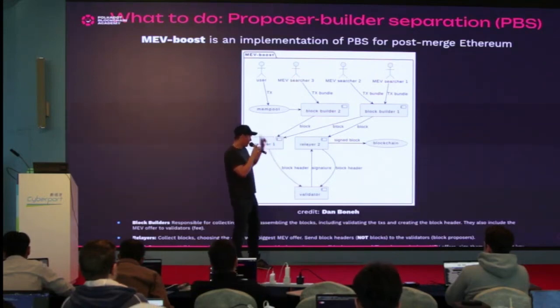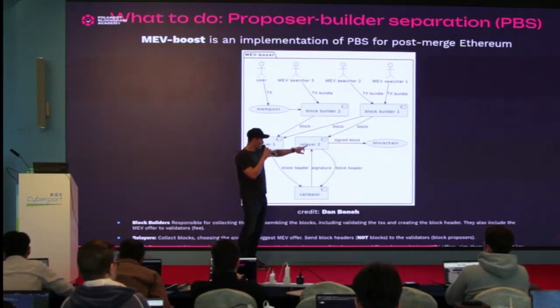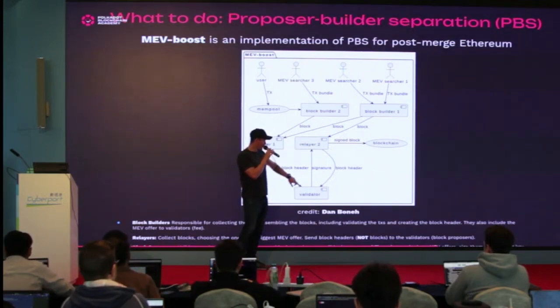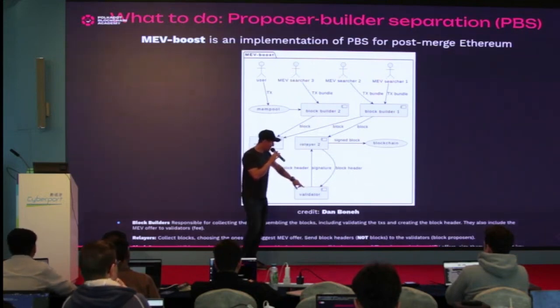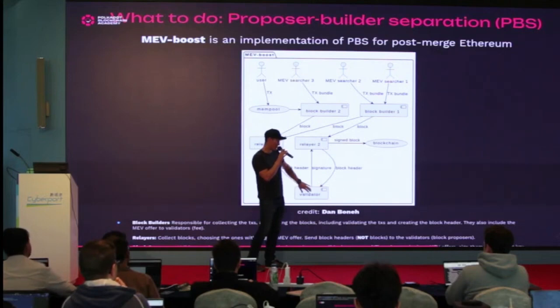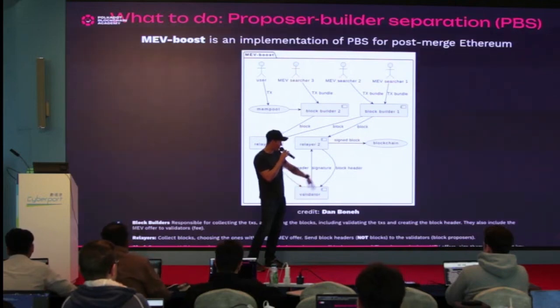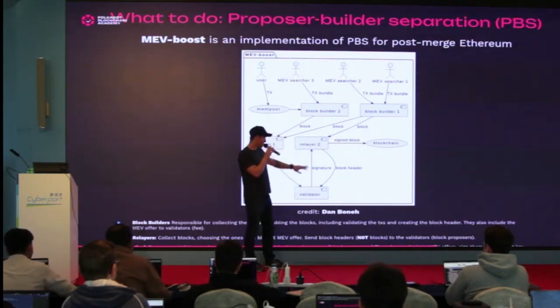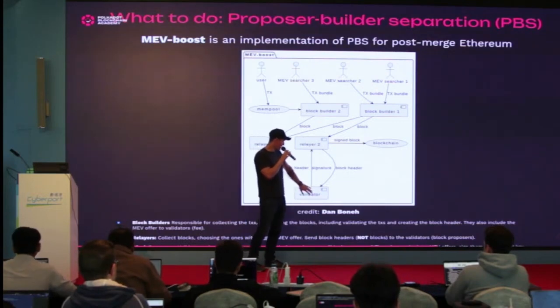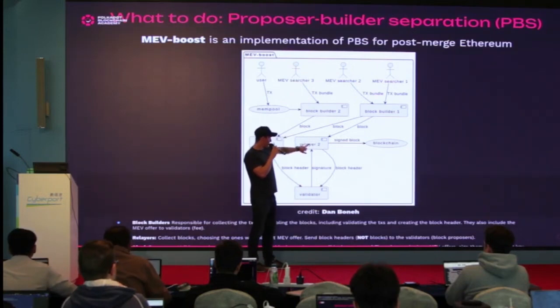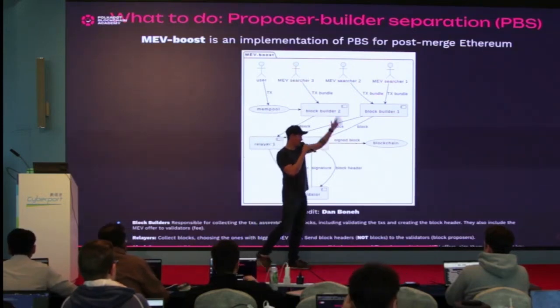But they don't just send them blocks, because at that point the validator would just look at this MEV opportunity, steal it, and submit it on their own. They send commitments to block hashes, basically. And validators sign them. They send the signed blocks to the relayers, who send them to the blockchain, at which point that's part of the history.